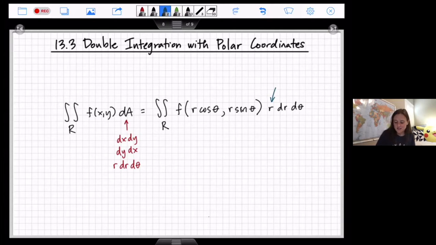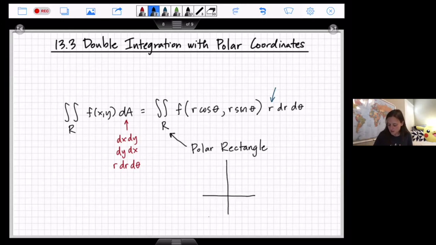The last thing is that this region R needs to be what we call a polar rectangle. So what's a polar rectangle? We dealt with one in the last video when we were integrating over this semicircular region that went from -1 to +1.